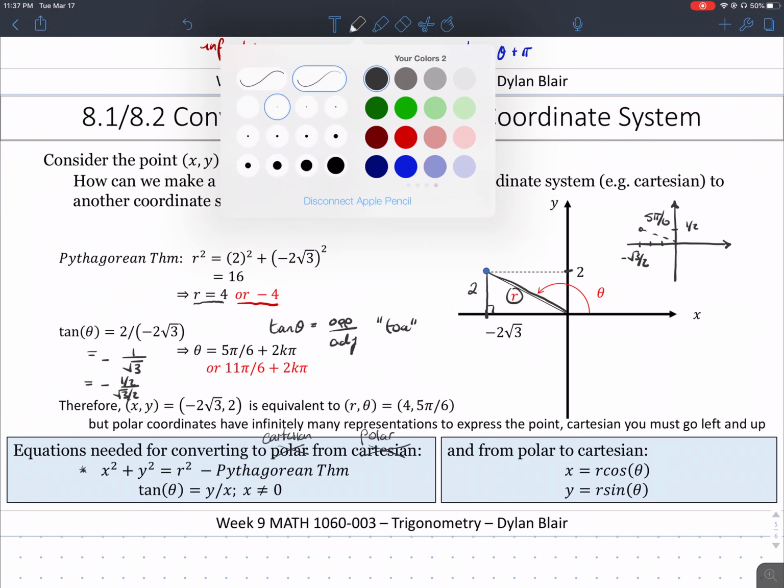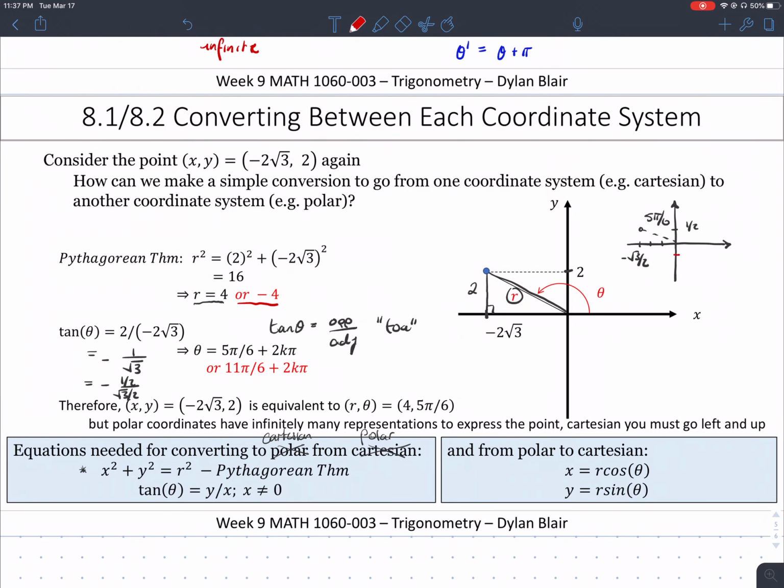Okay. Well, if we went the opposite direction, going down by 1/2 and to the right by square root of 3 over 2, then we'd end up on this line again, right? But we know in order to get that point, we want this one, because that's this point.